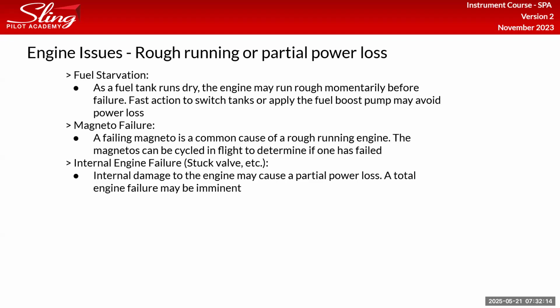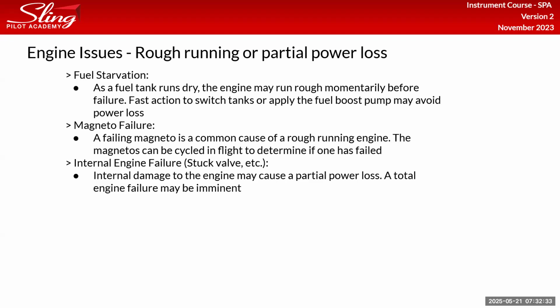Another reason could be magneto failure. We don't have magnetos, but a failing magneto is a common cause of a rough running engine. Magnetos can be cycled in flight to determine if one has failed. In Cessnas, when you do magneto checks, it's going to say left, right, both, and then off.